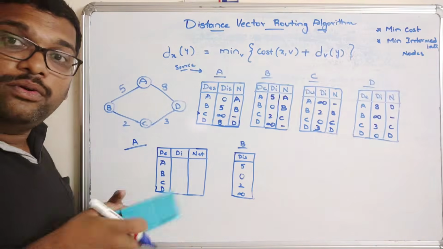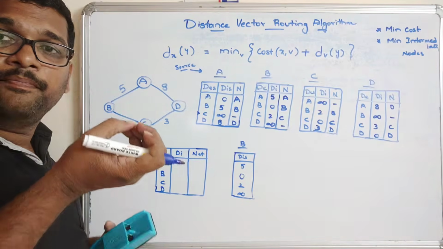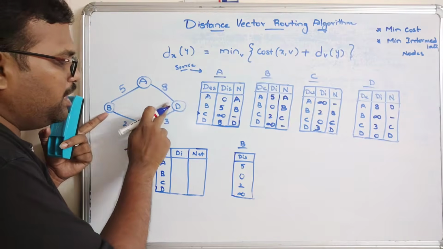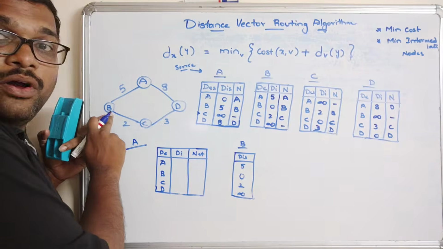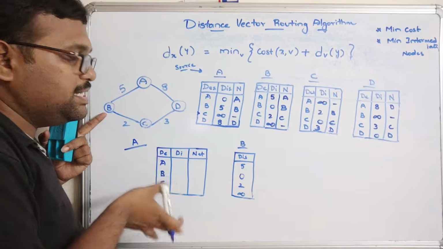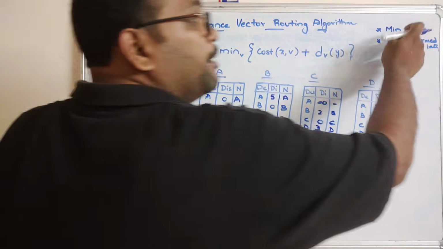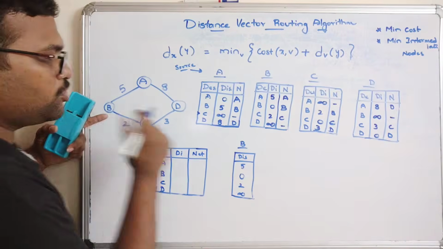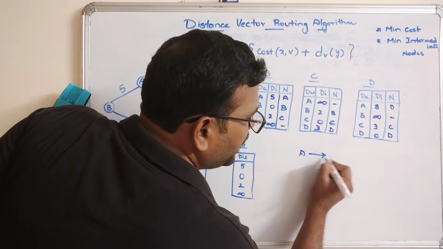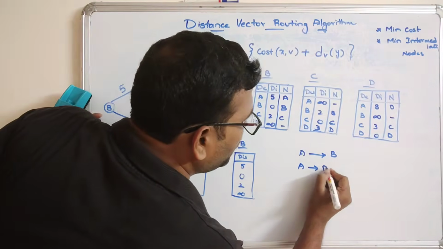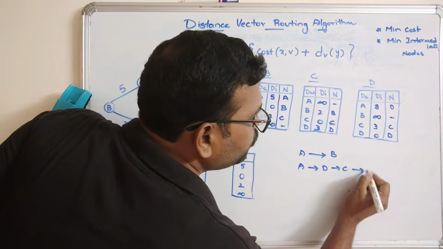If we want to transmit the packet from A to B, that can be done through A to D, D to C and C to B, or simply we can transmit from A to B. So we have to consider that there should be a minimum cost as well as minimum intermediate nodes. So if A wants to transmit data to B, this is one path, and another path is A to D, D to C and C to B.